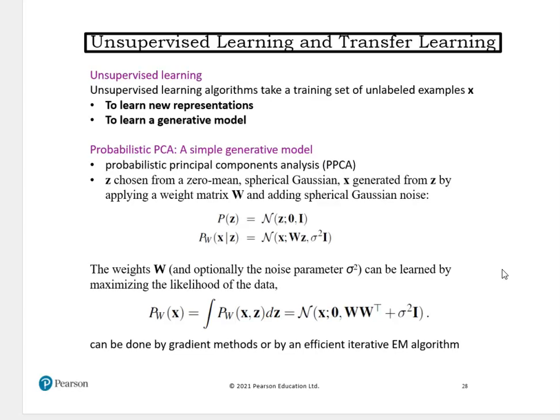So for these reasons, to reduce the dependence on labeled data, we try to look at learning in a different way through what's called unsupervised learning, transfer learning, and semi-supervised learning. Unsupervised learning algorithms essentially learn from unlabeled data, input X, which we have a lot of, obviously.